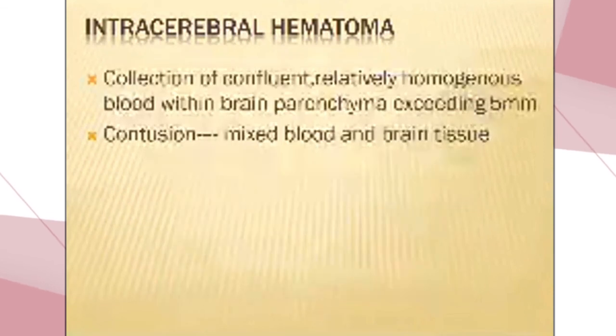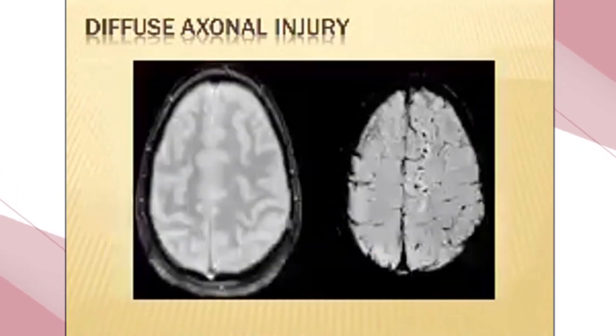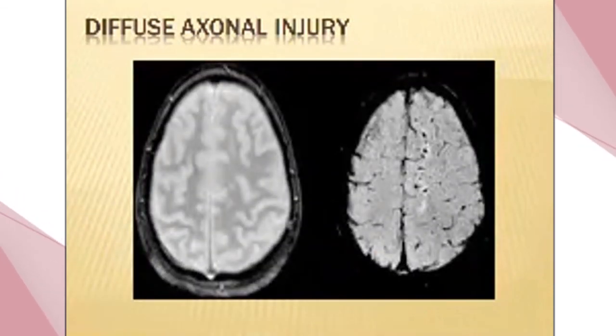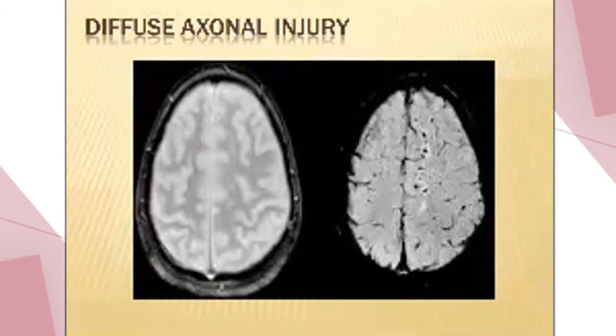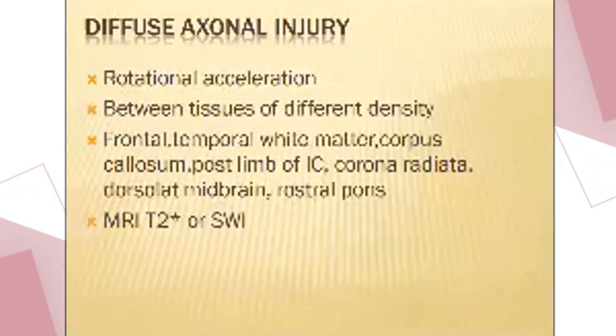Diffuse axonal injury is due to acceleration-deceleration injury, and there are microhemorrhages at the level where the brain has different densities, usually at the gray matter-white matter junction.